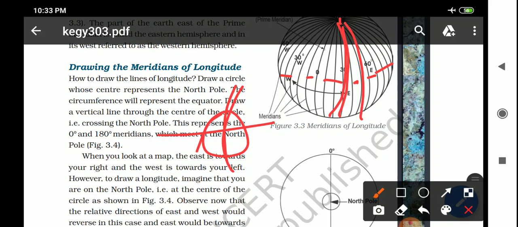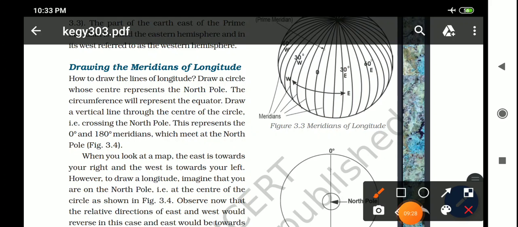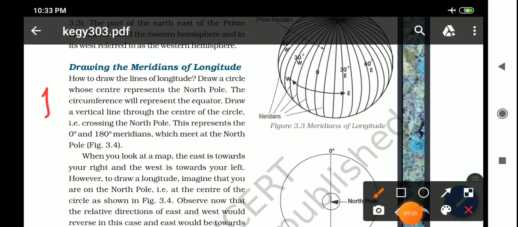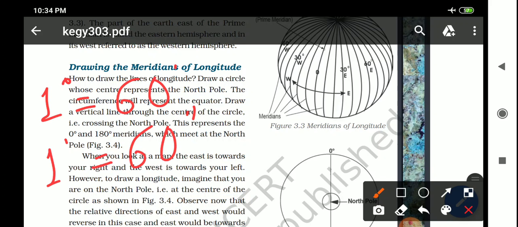That gives the exact place of a mark. Similarly, we are talking about degree: 1 degree is divided into 60 minutes, and 1 minute is further subdivided into 60 seconds.